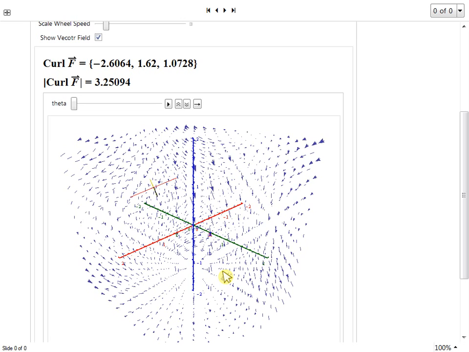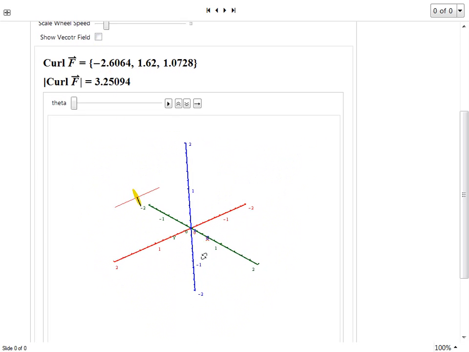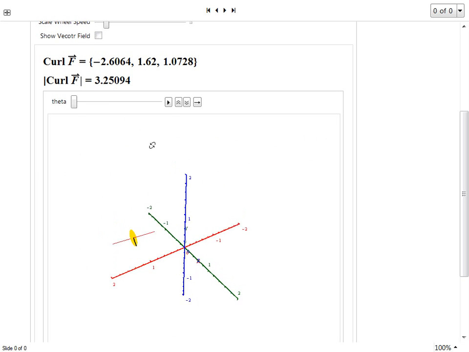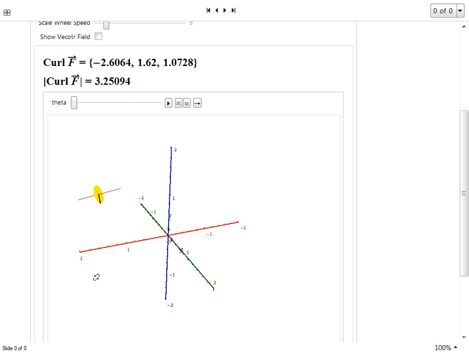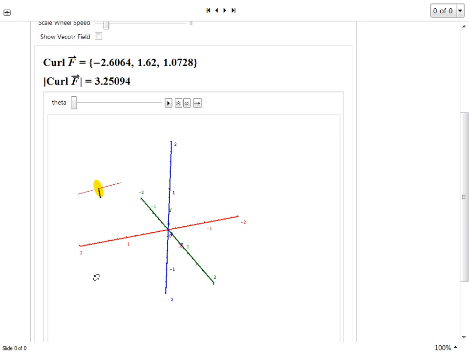Curl is not that. Okay, curl is this. I'm going to take the vector field out of here. I want you all to be able to see this. There are some subtleties here. If I'm standing at this point right here, the red line is the vector field direction.